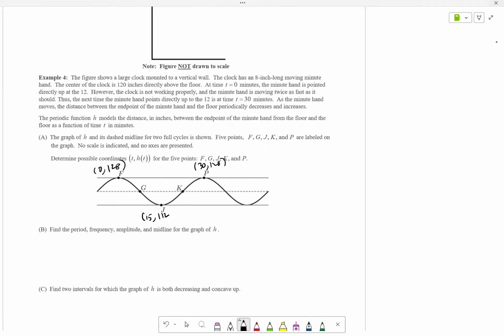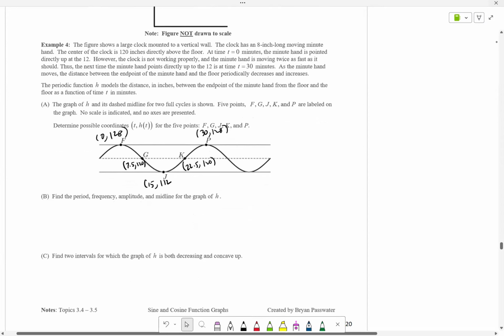And then I think G would make sense because the x coordinate is 7.5 and 120. I guess we could have very easily done that 120 immediately, but 7.5 is just a little bit of calculation. And K, the x coordinate is 22.5, comma 120. Okay. Period, frequency, amplitude, and midline for the graph of H, please. I want all of these, please. Judy.